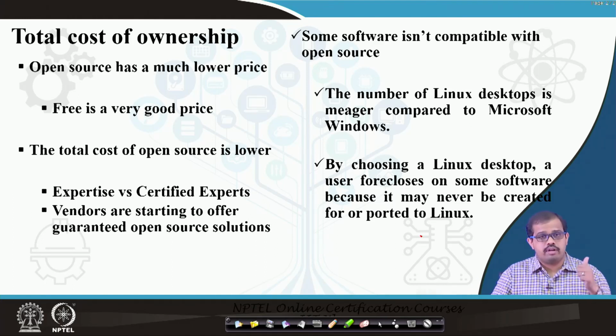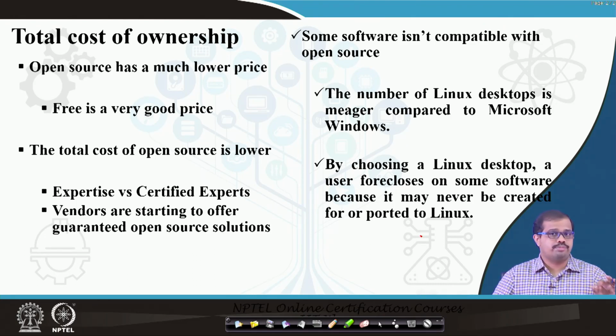Why? One is you have expertise versus certified experts. So, that you have to look at whenever you are looking at an open source. Then you have vendors starting to offer guaranteed open source solutions. That is where the cost comes in.